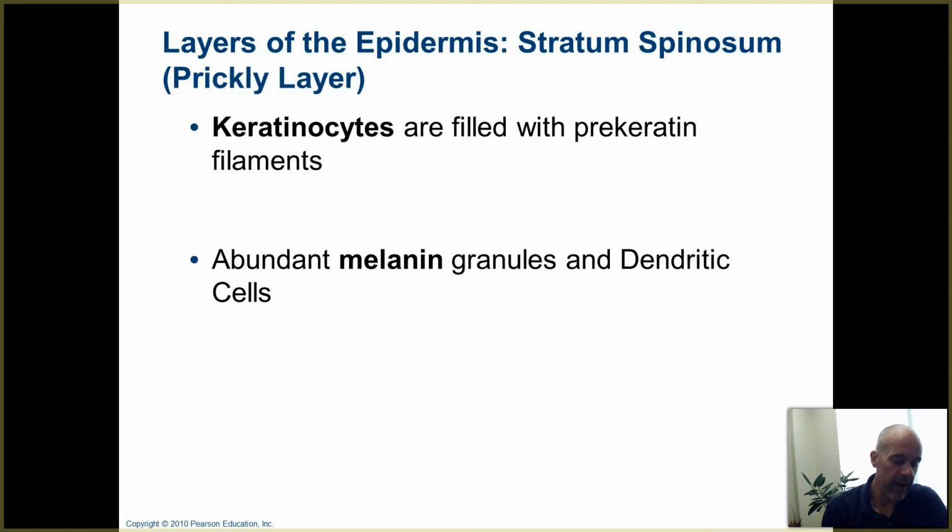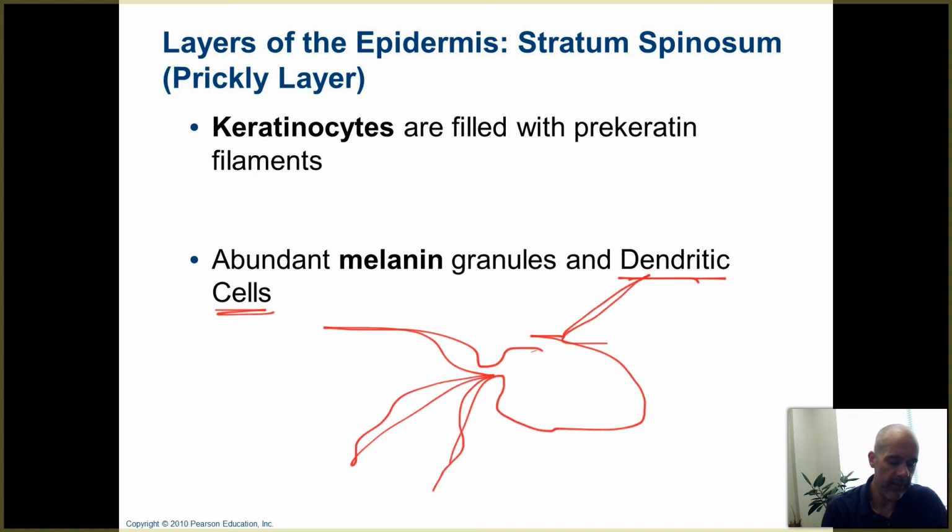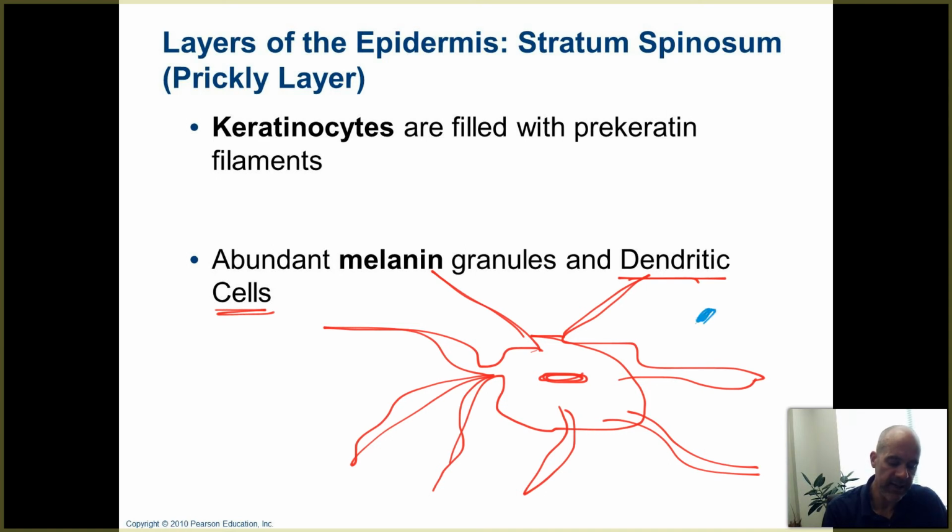Another type of cell you have in the stratum spinosum, dendritic cells. So they kind of look really spidery, like there would be the main body of the cell. They have lots of these little appendages that stick off of them like that. Those are dendritic cells, and they are really good at capturing, let's say you've got some little tiny bacteria, much smaller than our cells.